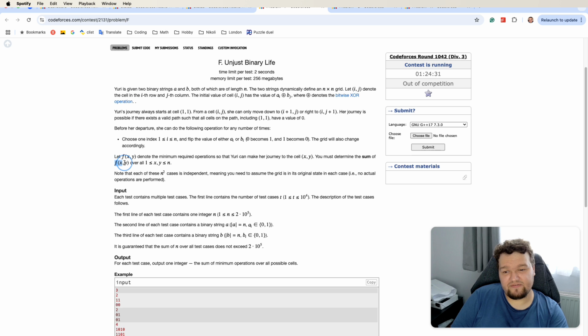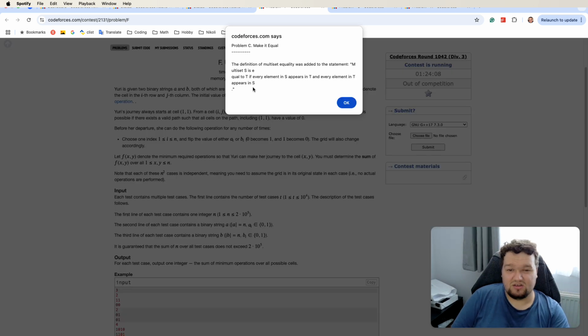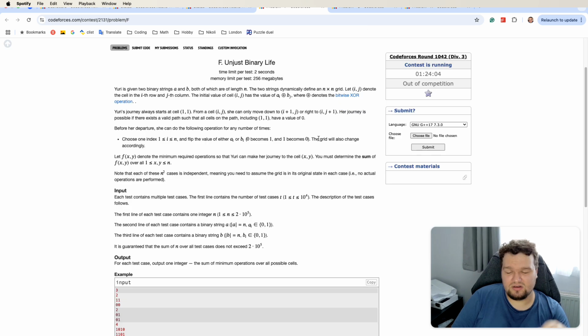So f(x, y) is calculated as the minimum number of operations to make all the values in array A up to x and in array B up to y the same. So if s is the number of ones, then it's just the minimum of s and x plus y minus s.